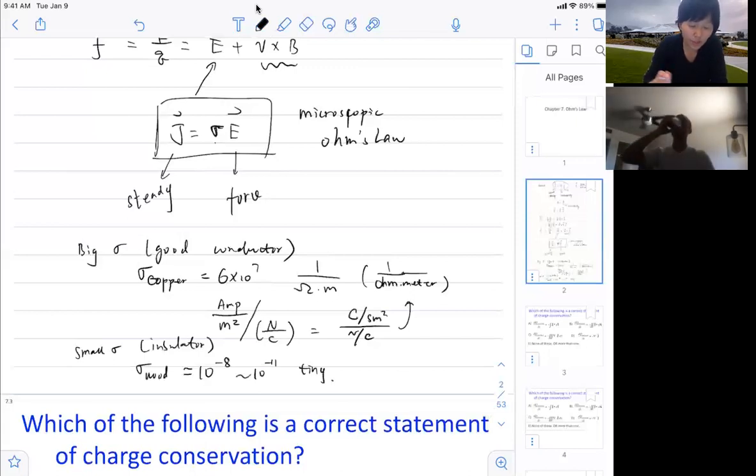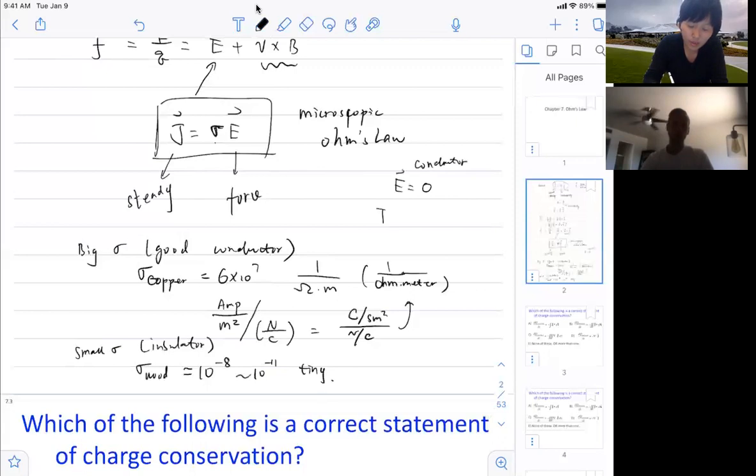It's very interesting if you think about what the electric field is inside the conducting material. We know that E is zero inside a conductor, yes. So what does this mean?